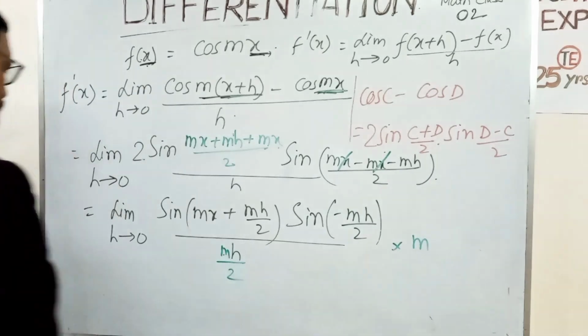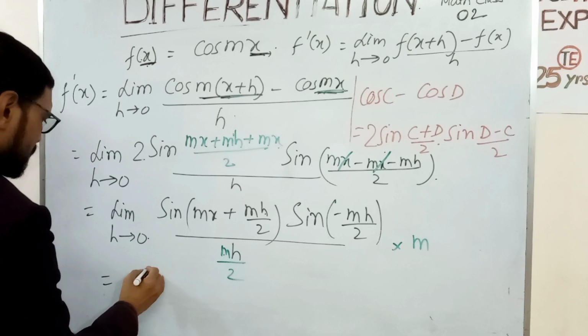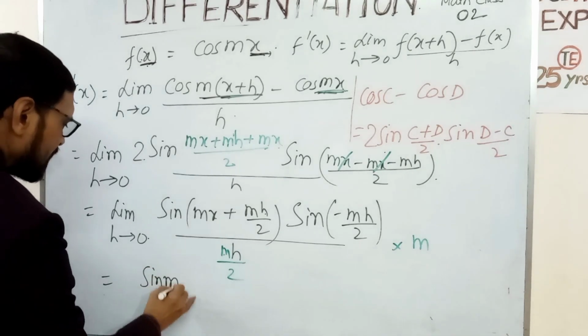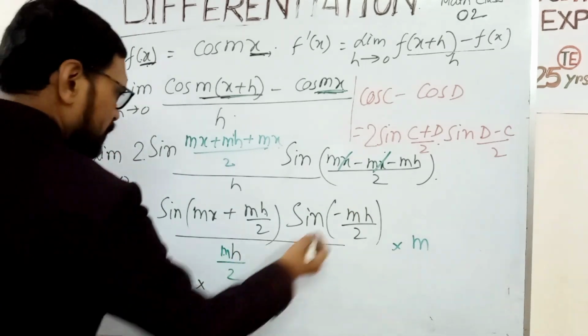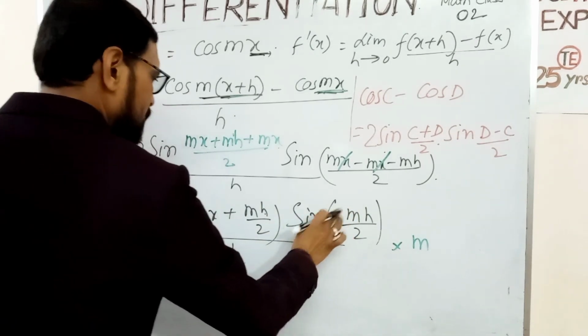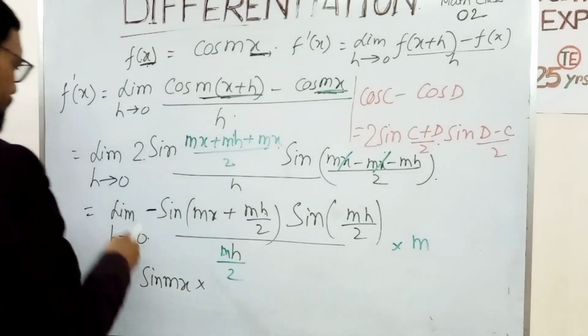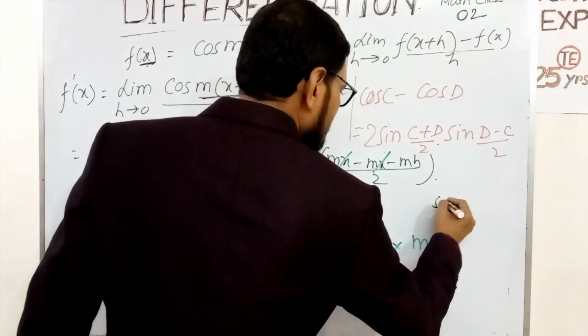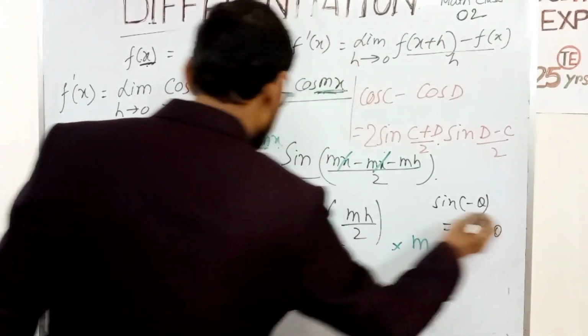Now if we put h equal to 0 here, this becomes sin mx, and the formula of sin x by x is 1, but here there is a negative sign. The negative sign will come out, because sin of minus theta equals minus sin theta, we know.